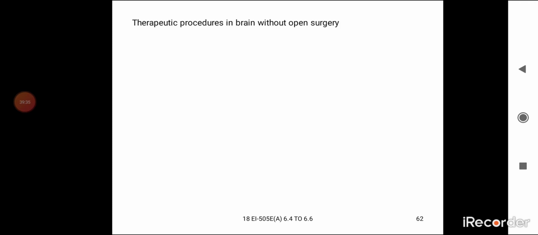Therapeutic procedures in the brain without open surgery, like injuries, vascular lesions, oncology, degenerative diseases.